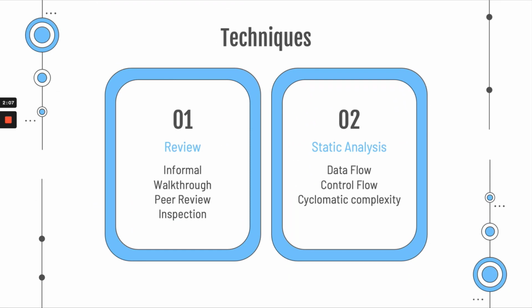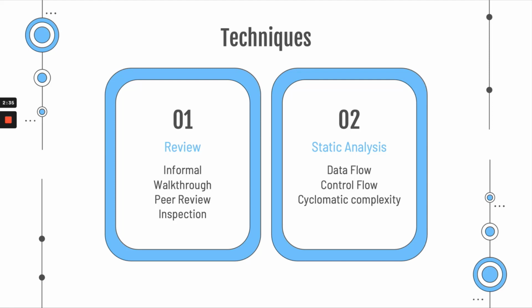So, static testing techniques consist of two types, which are review and static analysis. In the review technique, this is the process performed to find potential defects in the design of the software.